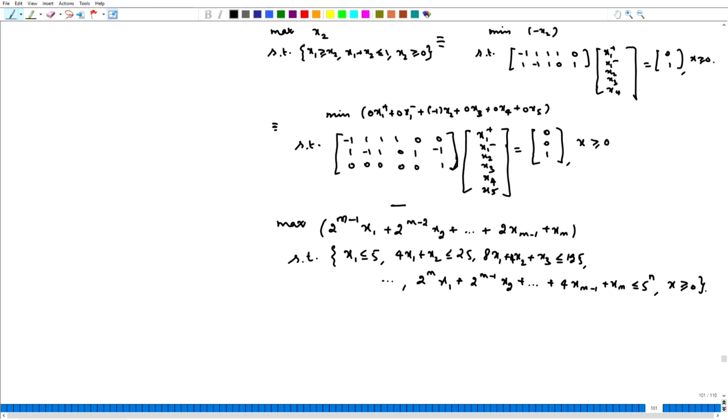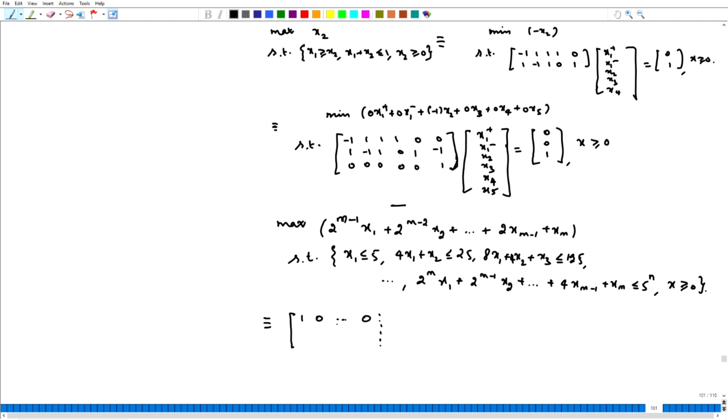So, we will first write this in the standard form as we did in the affine scaling method. Since there are m constraints, all of them inequality constraints, we should have m more slack variables. So, you will have A to be the following: many zeros, m zeros to be very precise, because there is x 1 to x m.